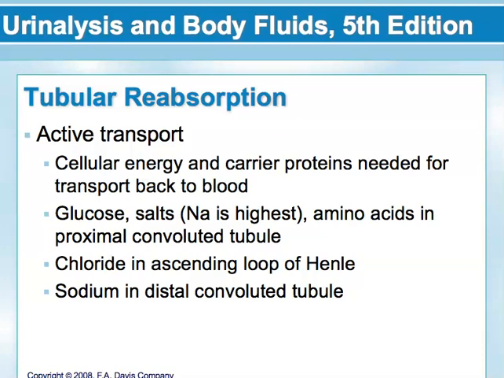With active transport, the substance that is to be reabsorbed has to be attached to a carrier protein contained in the membranes of renal tubular epithelial cells, and the process also requires cellular energy. Active transport is responsible for glucose, salts, and amino acids in the proximal convoluted tubule, and then chloride in the ascending loop of Henle, and sodium in the distal convoluted tubule.